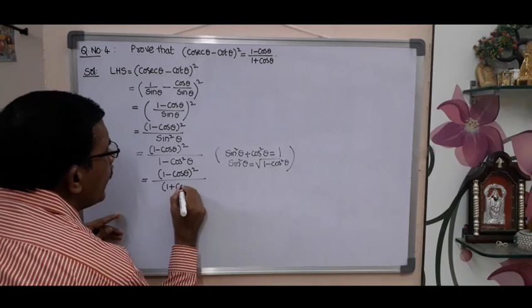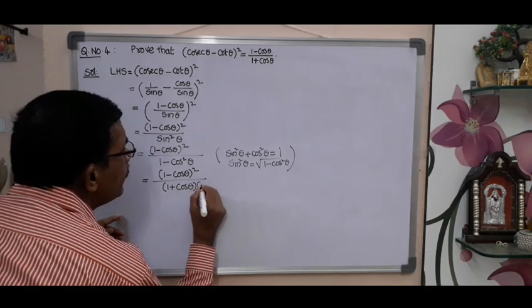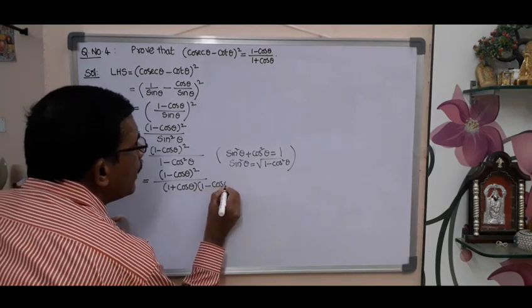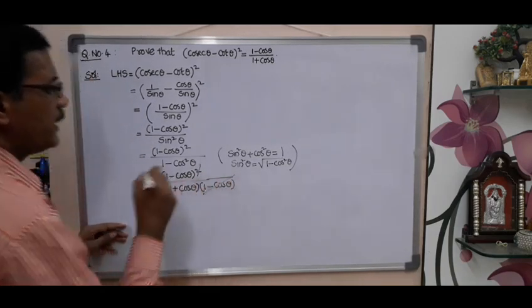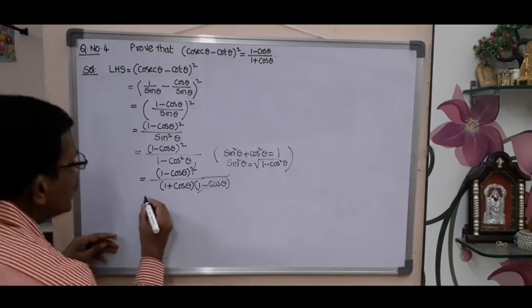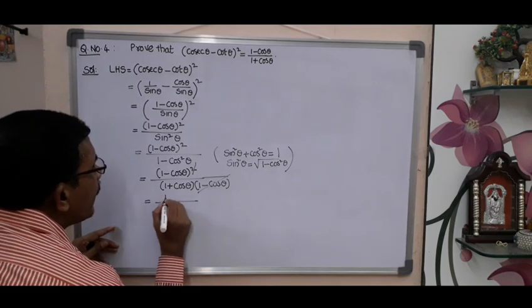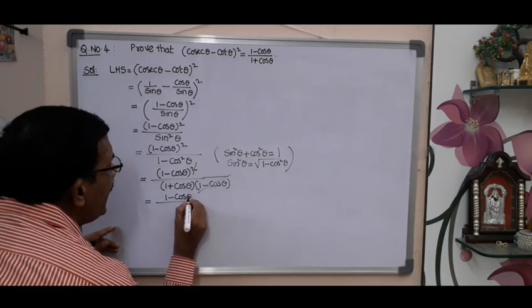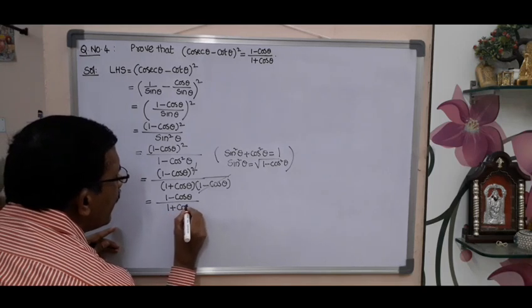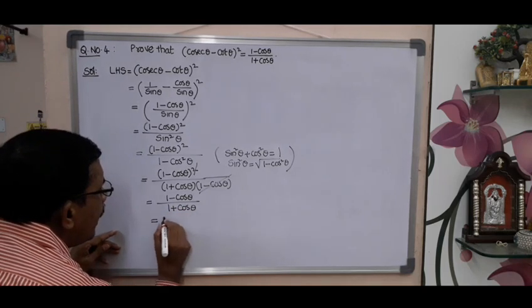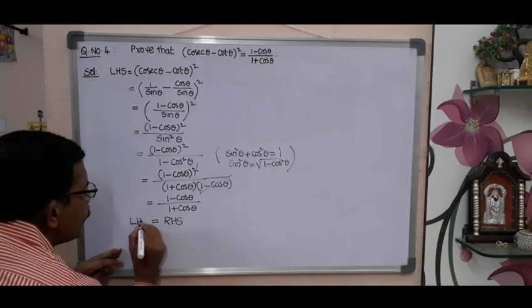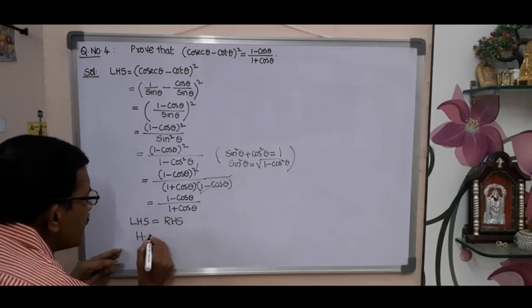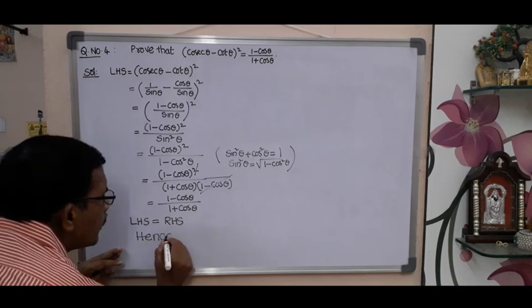So, I am writing 1 plus cos theta into 1 minus cos theta. One 1 minus cos theta will get cancelled. So, that is equal to 1 minus cos theta by 1 plus cos theta. That is equal to RHS. LHS is equal to RHS. Hence, proved.